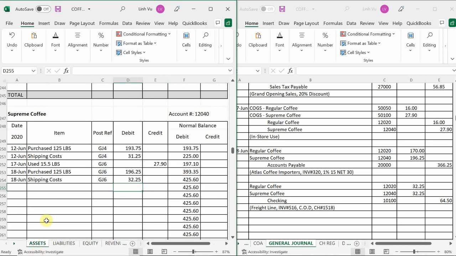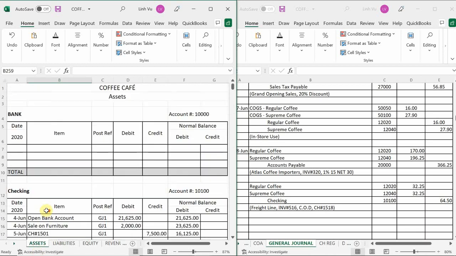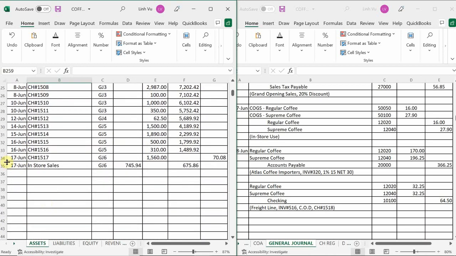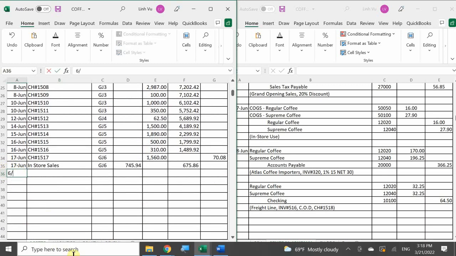Last but not least, I need to update my checking account here. For $64.50.